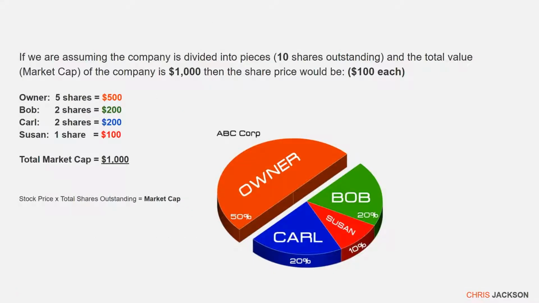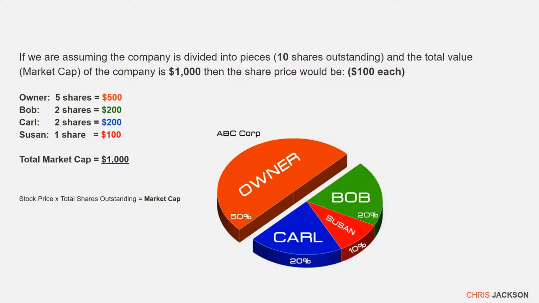If we assume the company is divided into 10 shares outstanding, as a small example, and the total value, which is called the market cap, of the company is $1,000, then the share price would be $100 each. The owner in this case would get 5 shares, $500 total. Bob the investor would get 2 shares at $200.